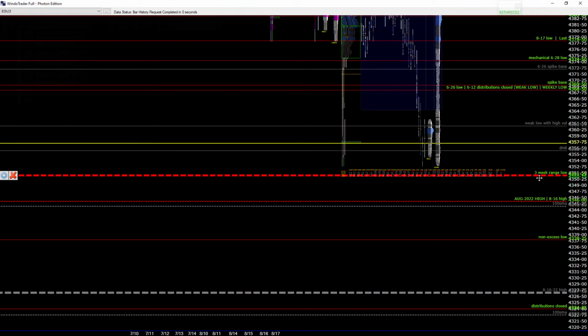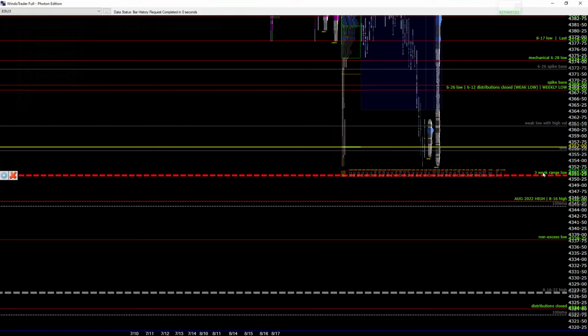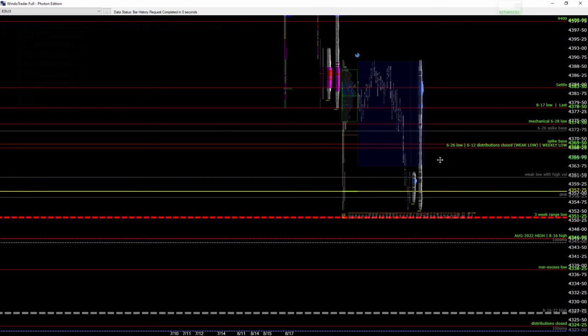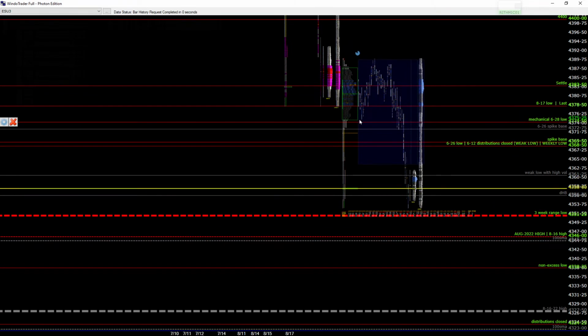What is the 2046? This low here. This low becomes relevant here. What the market can do around this level here. Being short has become risky, but focusing on what the market is doing.